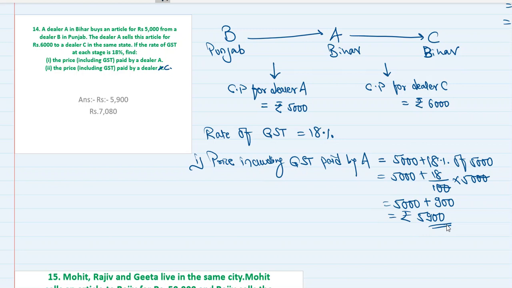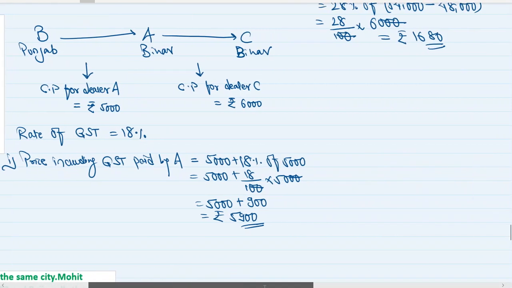What is the price including GST paid by dealer C? Okay, that also we can find. Dealer C is in the same state, but yeah, he will definitely pay GST.